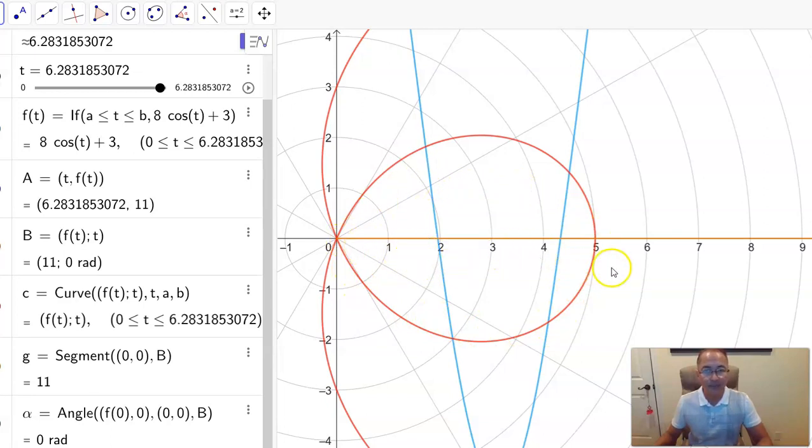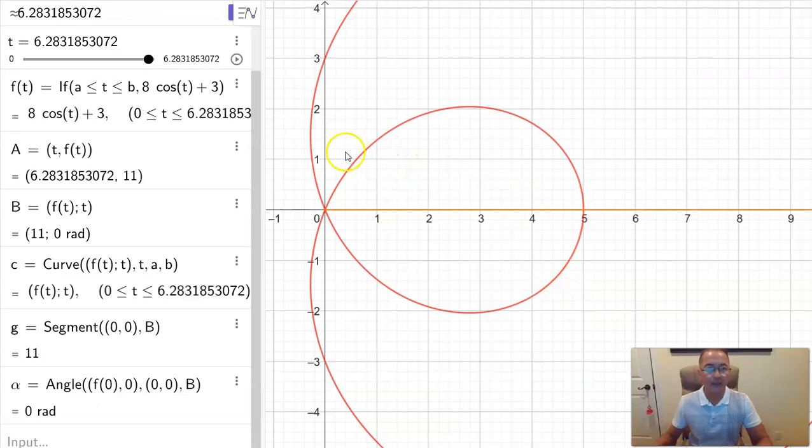So let me pause the video because the polar graph might be a little bit confusing. We might have a better sense of this area if we switch back to Cartesian coordinates. Okay, there we go. And I also hid the function which gives us the Cartesian graph, so we're only seeing the polar graph over here. It's clearly symmetric.